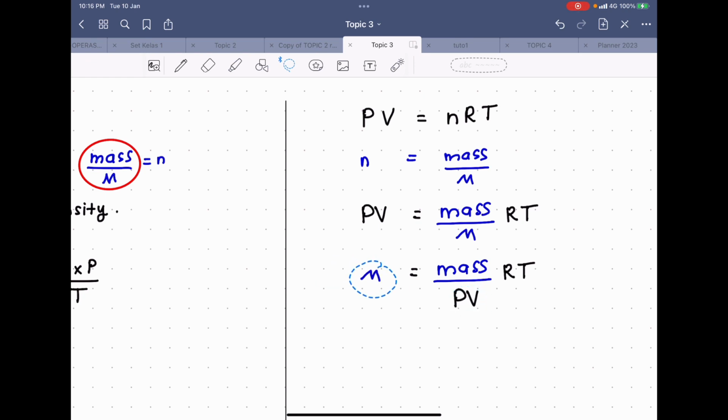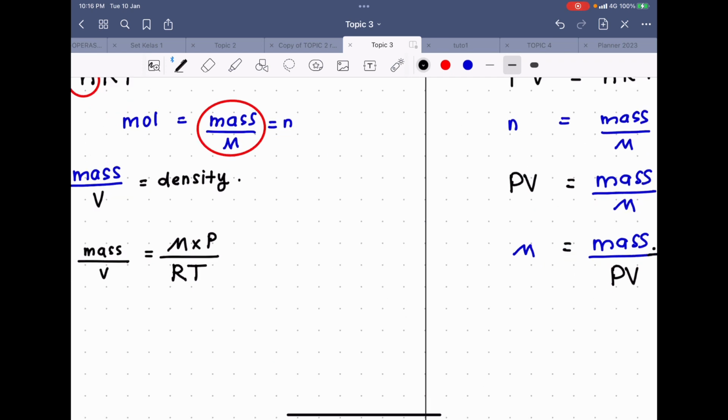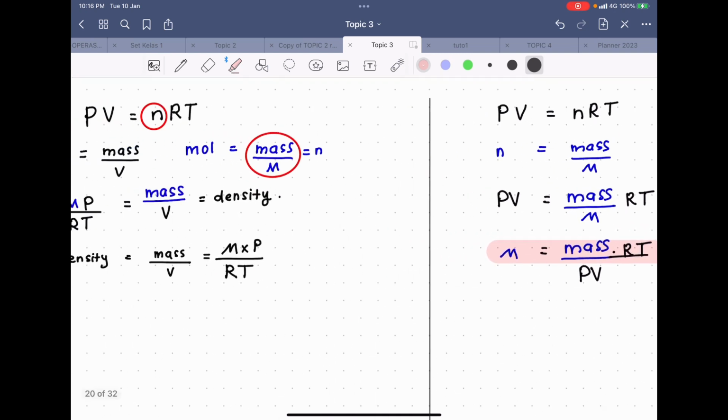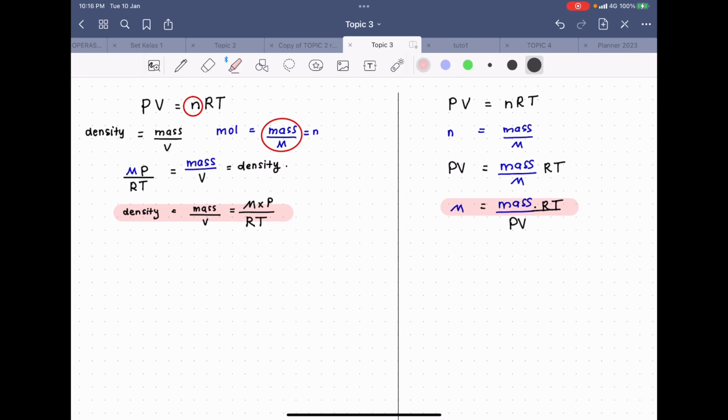So molar mass equals mass multiplied by R and T divided by PV. This is how we can calculate molar mass as well as density of a gas, derived from the basic PV equals nRT.